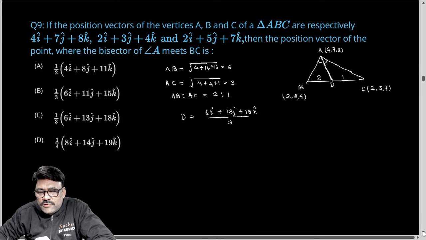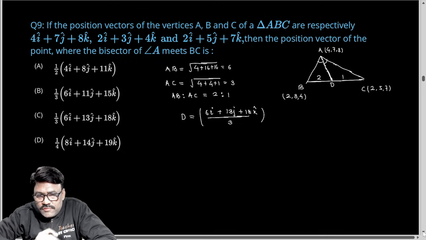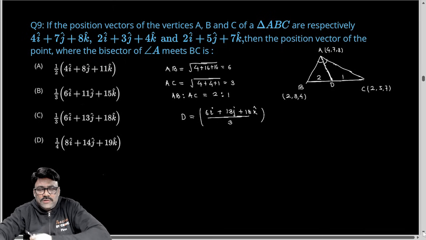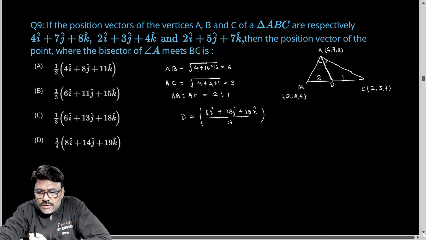So this is the position vector of D. Means D point is this point, 6 by 3, 13 by 3, and 18 by 3. Option C is the correct option here.